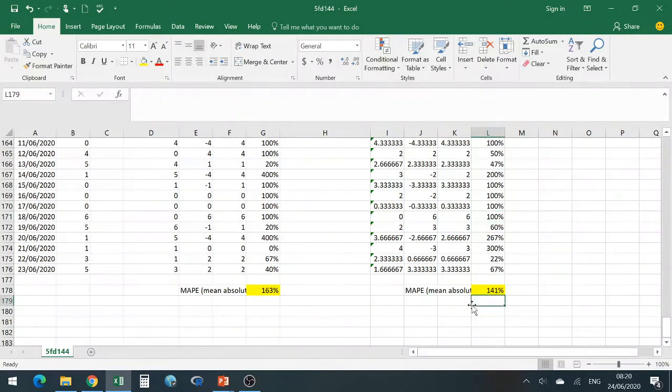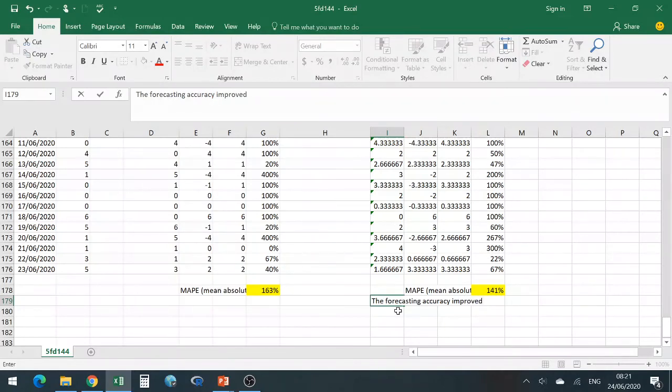Here you go. This is the MAPE using just the naive forecast, the day before, and this is using the average of 3 days, the moving average. You can see that your forecasting technique improved because the error is less. So I can say that the forecasting accuracy improved, because you want this error number small.